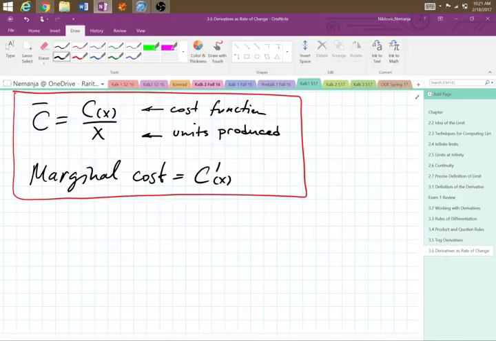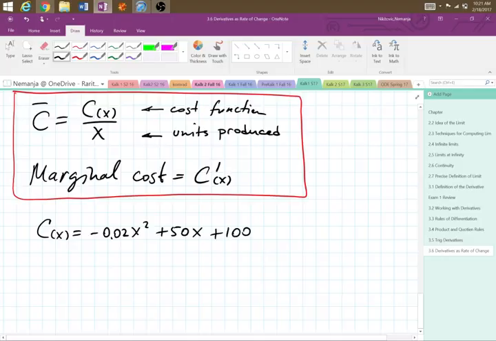They have a cost function for producing x units that is negative 0.02x squared plus 50x plus 100 if they are producing between 0 and 1,000 units. Now, this limit of 1,000 units might be because machines are good up to 1,000 units and then you have to change them or whatever. So up to 1,000 units, this function is the best fit for the cost.